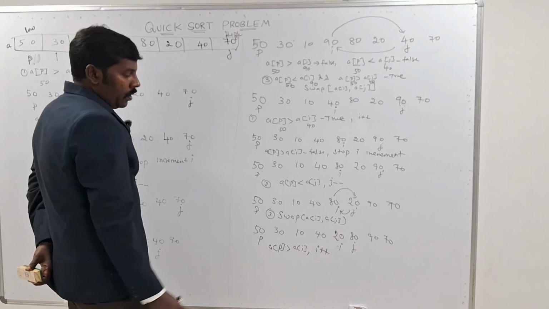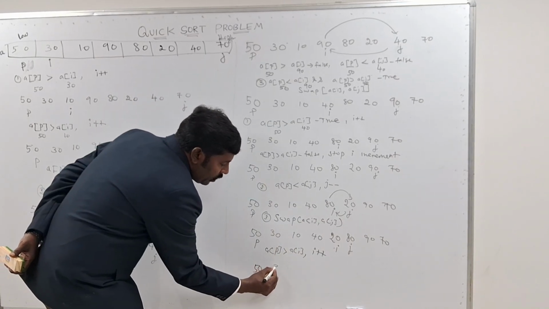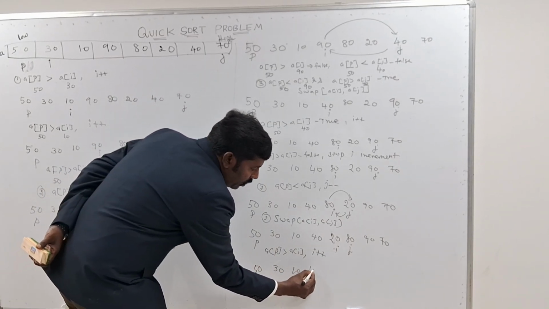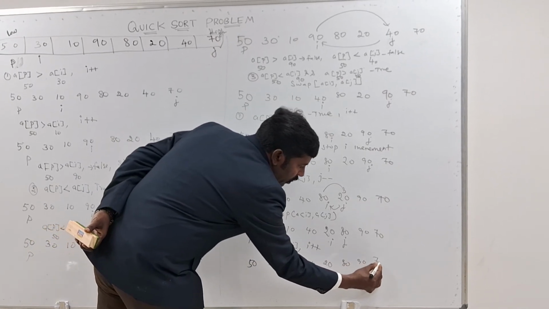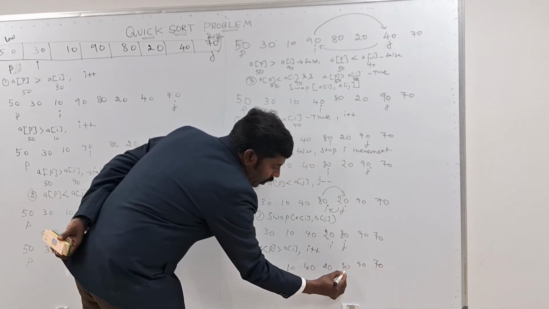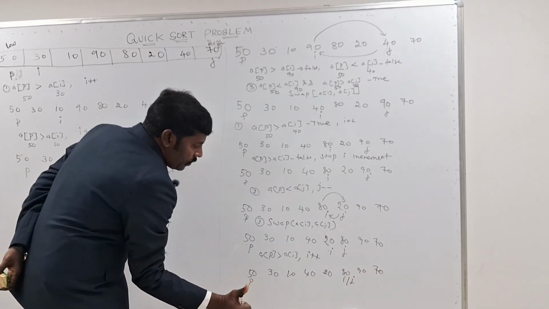I moves to 80. So 50, 30, 10, 40, 20, 80, 90, 70. Here I and J are in the 80 position.